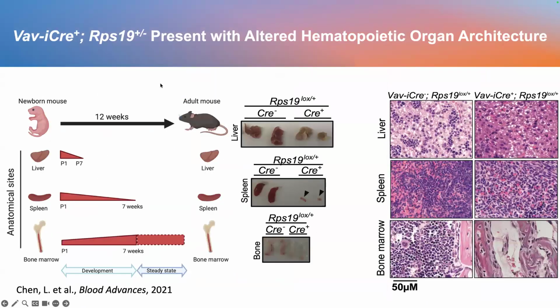And why is that? Well, here is a study that I got lucky to be involved in 2021 when I was still collaborating with Mohan, and I'm still collaborating, but that's an old story when I was in his lab. From the newborn mouse to the adult mouse, for the erythropoiesis to reach steady state, it takes about 7 to 8 weeks.